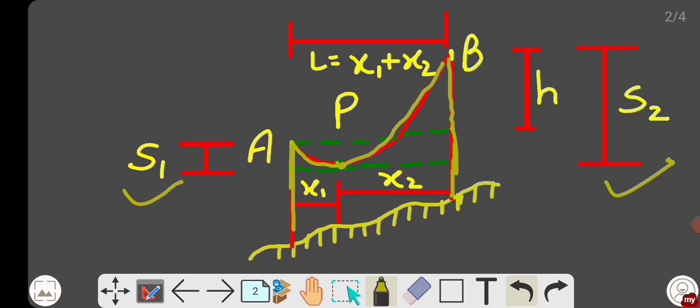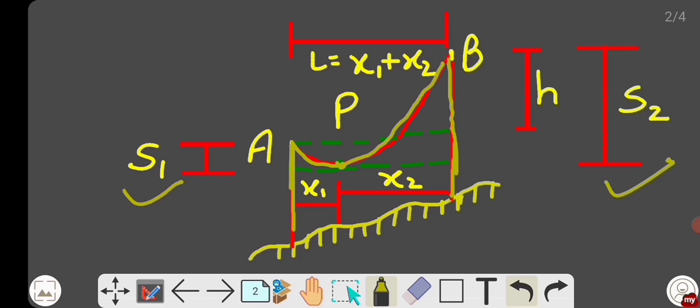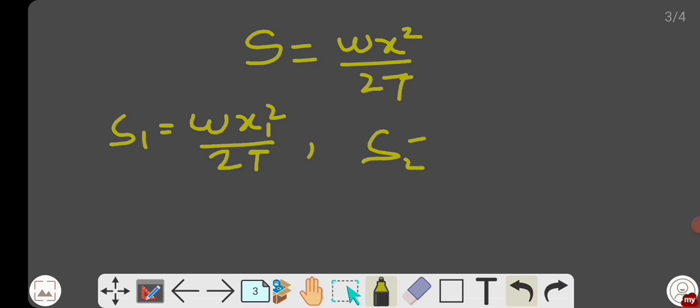Now in the first video we discussed that sag S is equal to W x square by 2t. From here we can calculate S1 will be equal to W x1 square by 2t, and S2 will be equal to W x2 square by 2t.